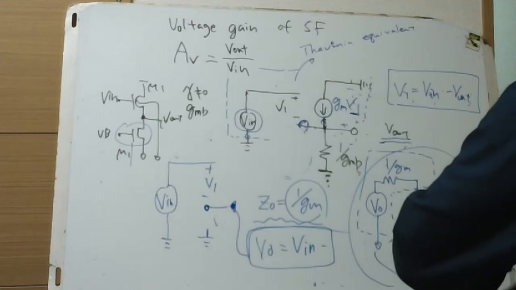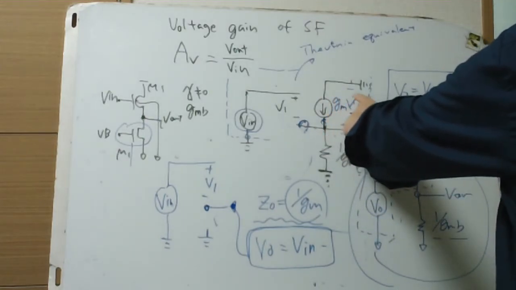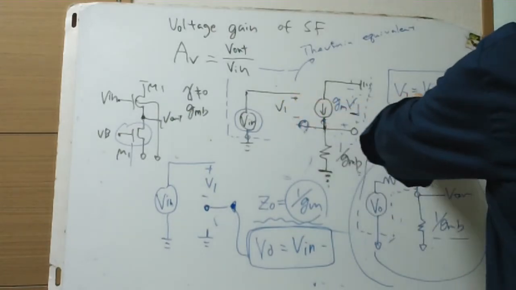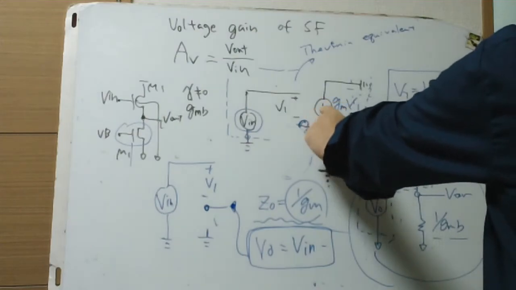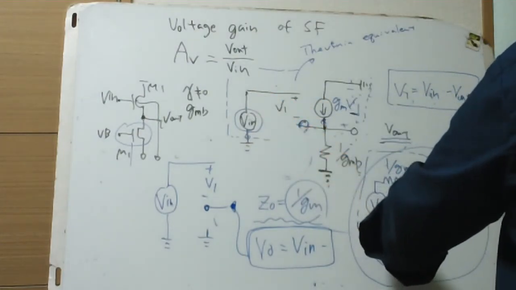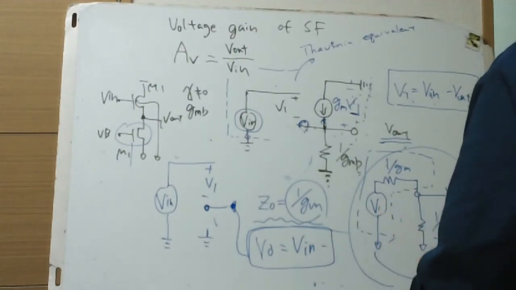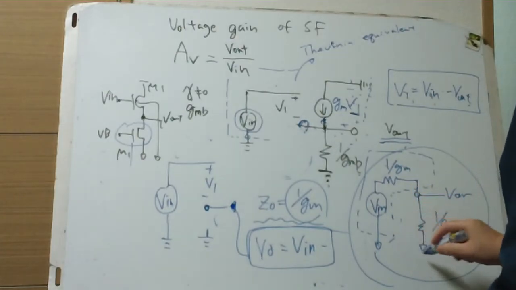But from gm V1 we got V minus V out exchange there, and this is 1 over gm between V in and V out, just like this.